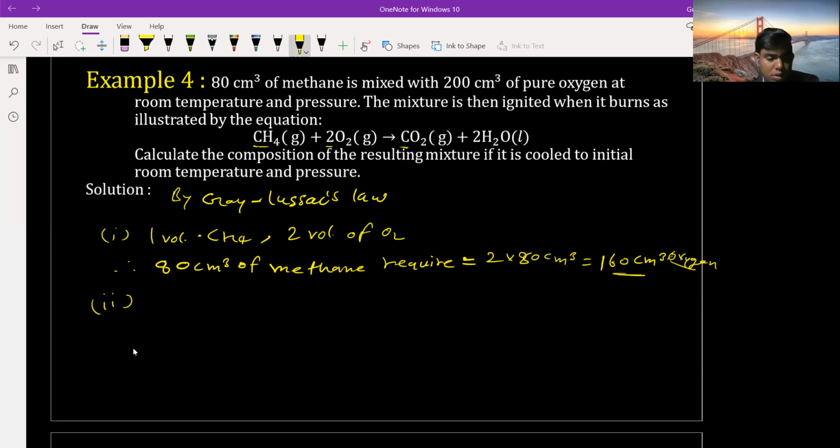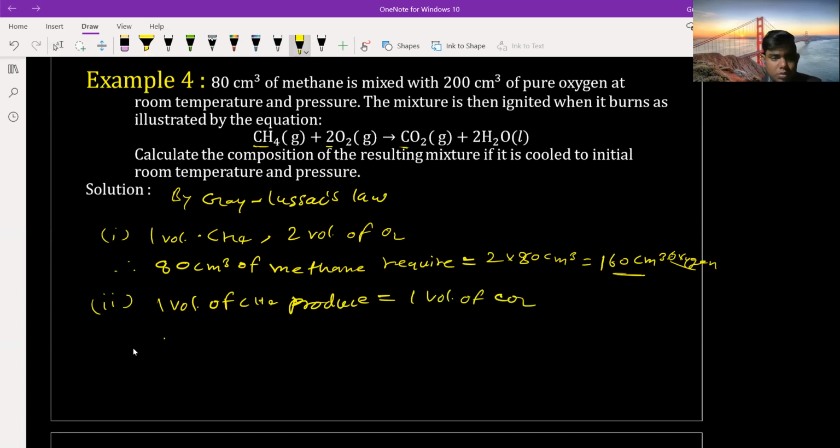So we know that 1 volume of CH4 produces 1 volume of CO2.